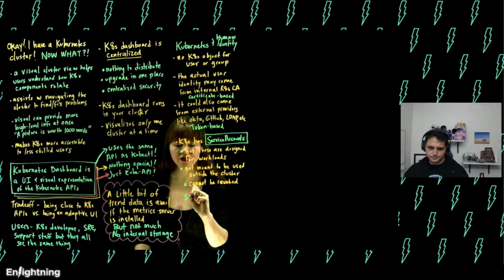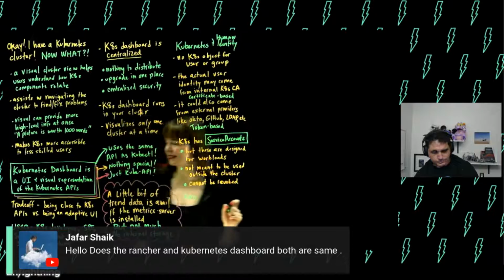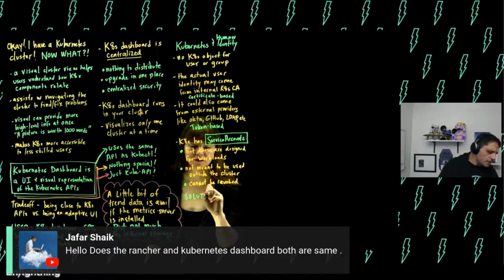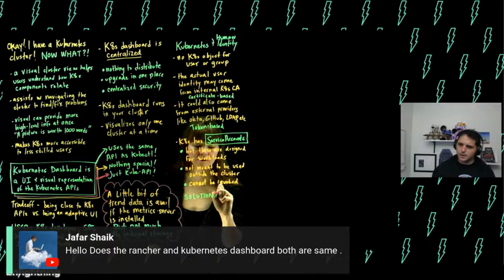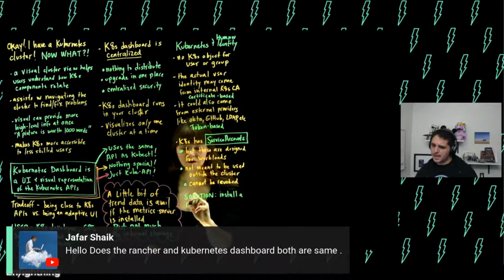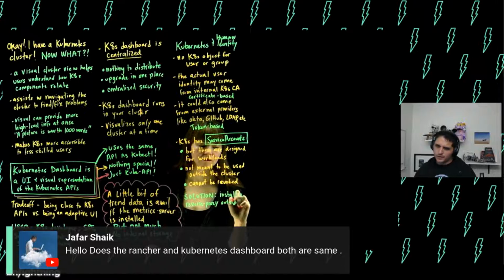We have a question. How does the Kubernetes dashboard relate to the Rancher dashboard? So Rancher provides its own holistic approach to managing clusters. If you're using the Rancher dashboard or Rancher in general, you probably wouldn't need the Kubernetes dashboard because Rancher has all those functions.